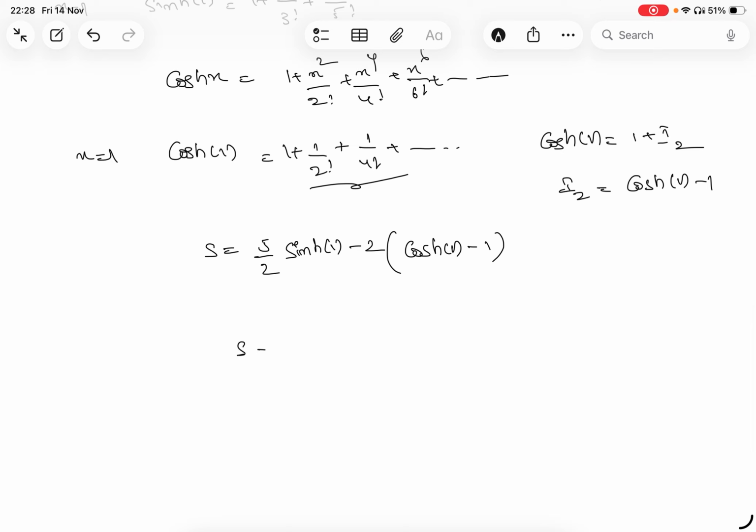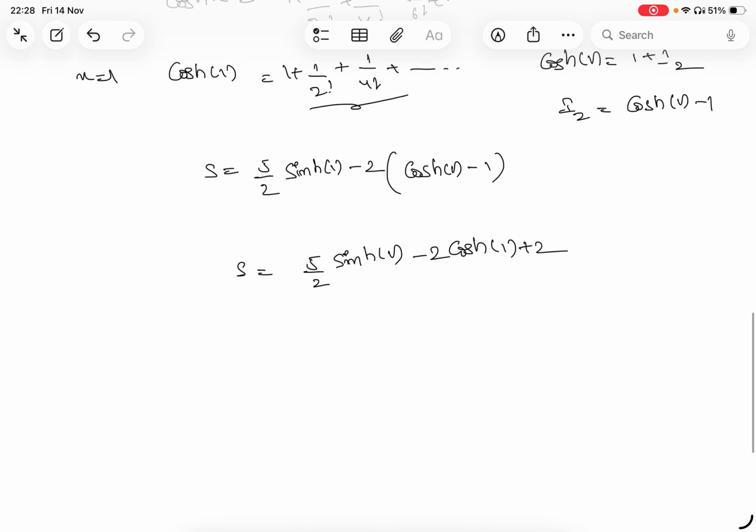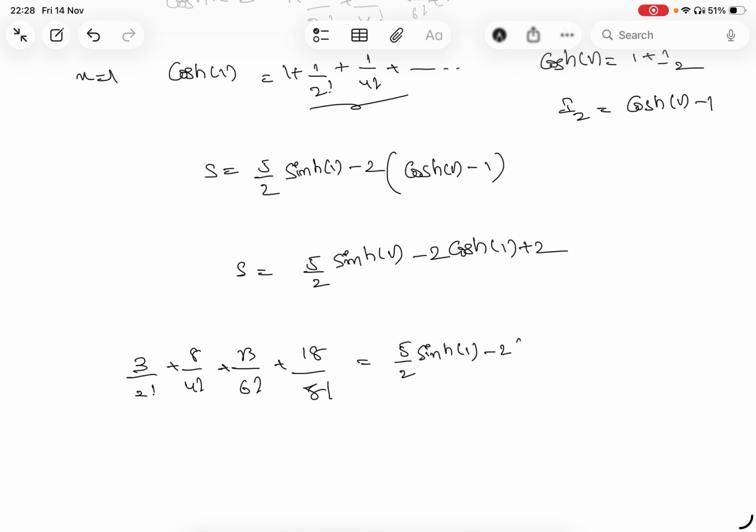So finally this S is 5 by 2 sinh of 1 minus 2 cosh of 1 plus 2, right? You can write the full series, which is 3 by 2 factorial plus 8 by 4 factorial plus 13 by 6 factorial plus 18 by 8 factorial, is 5 by 2 into sinh of 1 minus 2 cosh of 1 plus 2. Fine. This is the result.